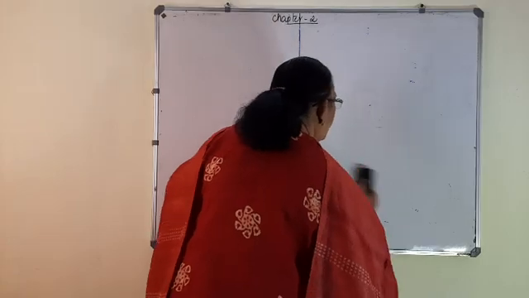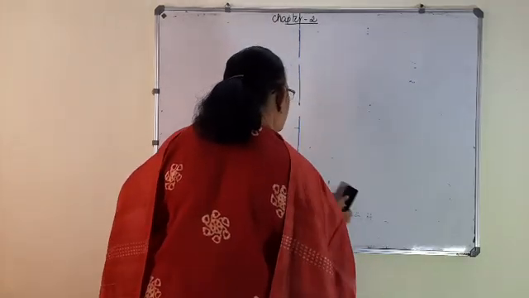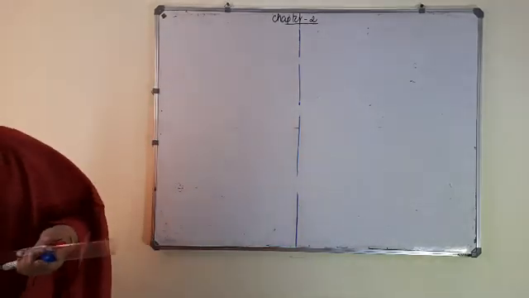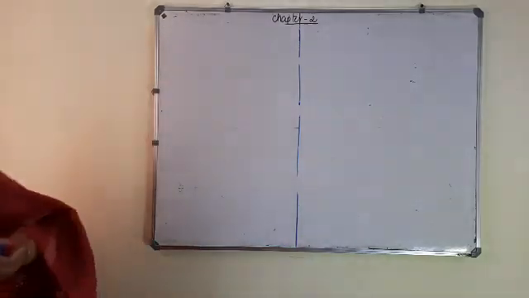So this can come in any of the graphs, that is, horizontal shifting and vertical shifting can come in any of the graphs.